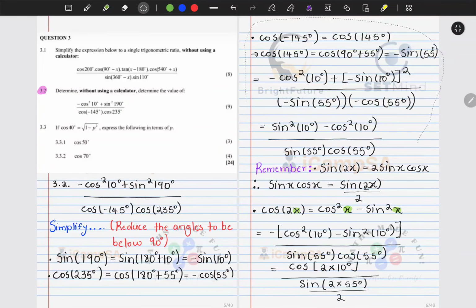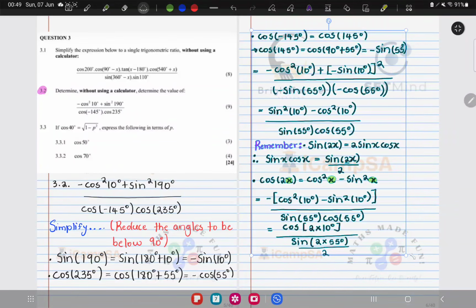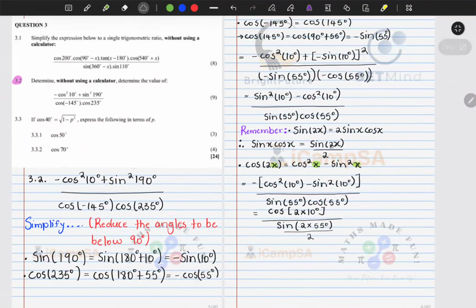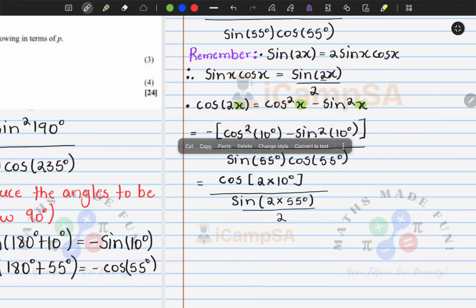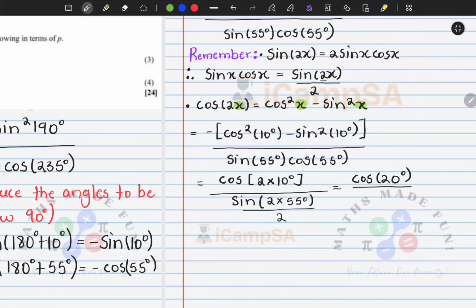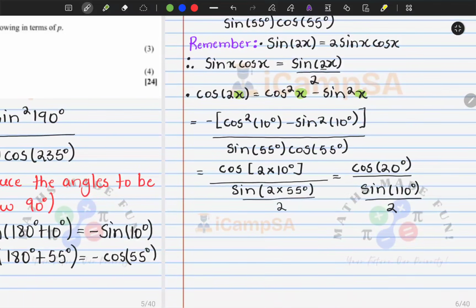So let's see if we can create some space here. Try and simplify this. Okay. So if you observe carefully, let's just make space here. You will see that what we end up having is cos of 20 degrees divided by, if you observe carefully, sine of 110 degrees. And this will be divided by 2.